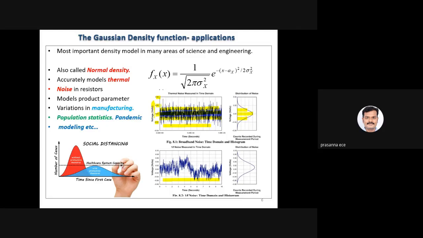Like that you can see the entire range of voltages and plot the graph. Finally what you get is a bell-shaped curve, a normal distribution curve. So in any study of thermal noise in electronic systems, you will be using this Gaussian model.